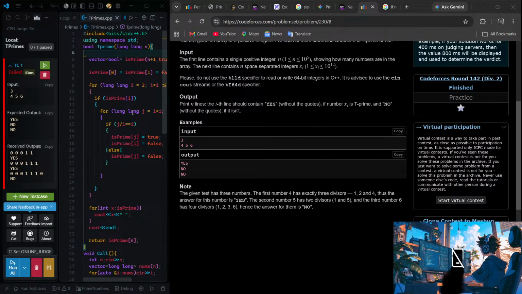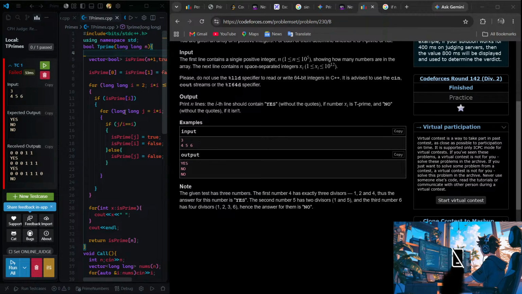So as 2 is a prime number, then for 4, I am only checking till 2, right? I want to know whether 4 is prime or not.